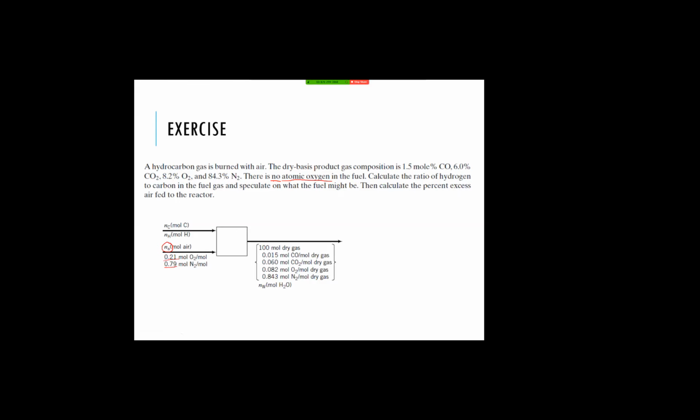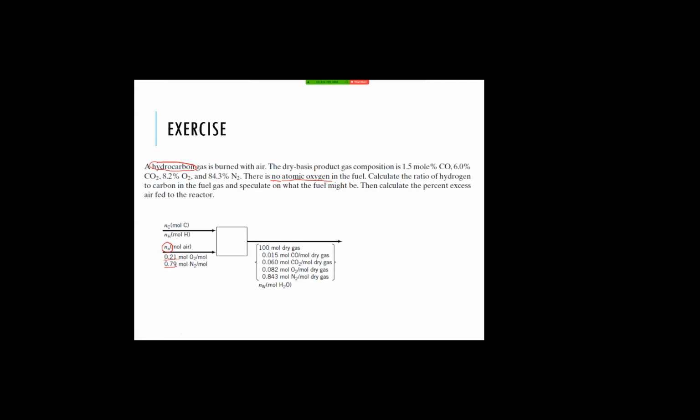And then we have the fuel. It says it is a hydrocarbon, so it means that it has at least carbon and hydrogen. And it says explicitly that that particular fuel doesn't have any oxygen. There is no atomic oxygen in the fuel.